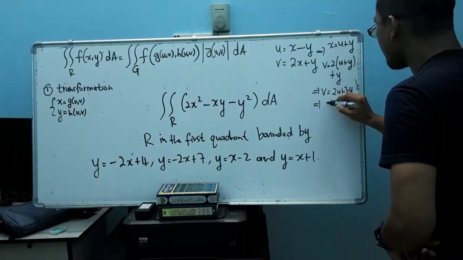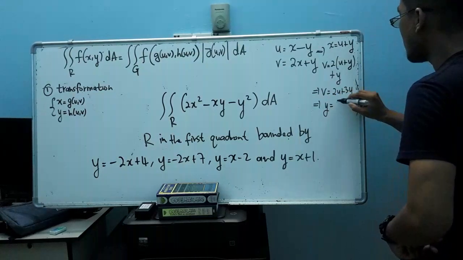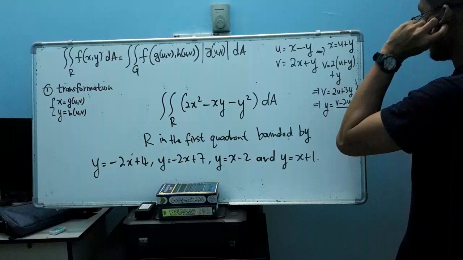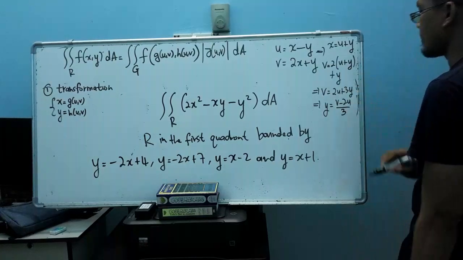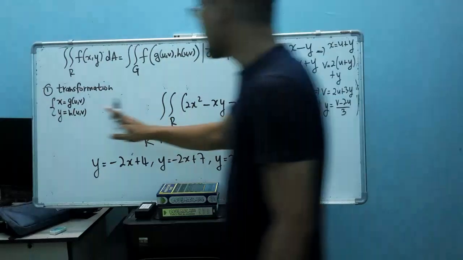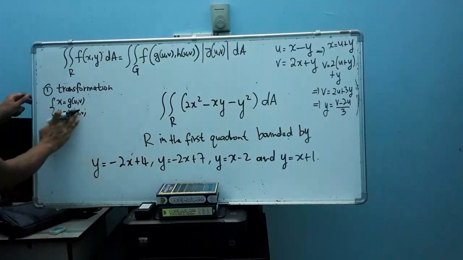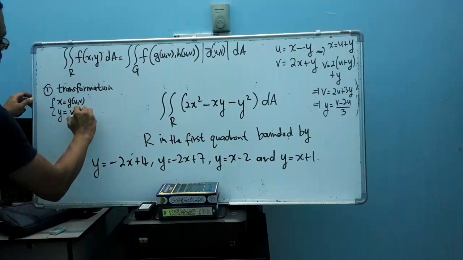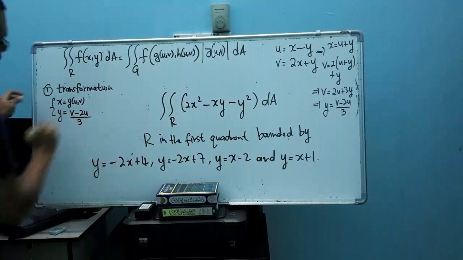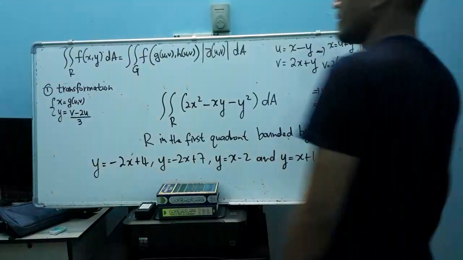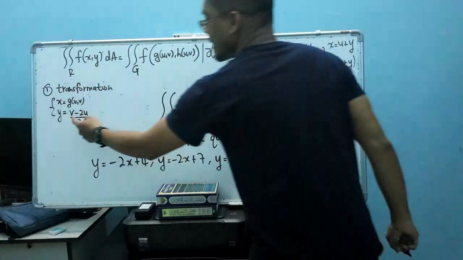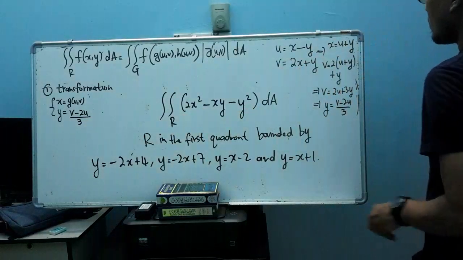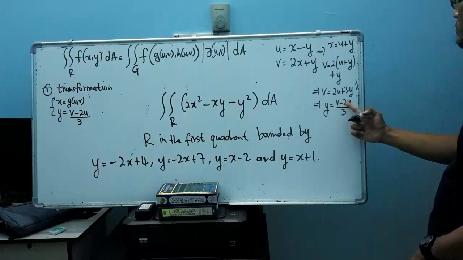Therefore y is equal to v minus 2u over 3. I need y in terms of a function of u and v.